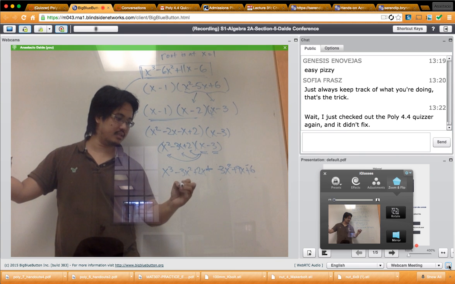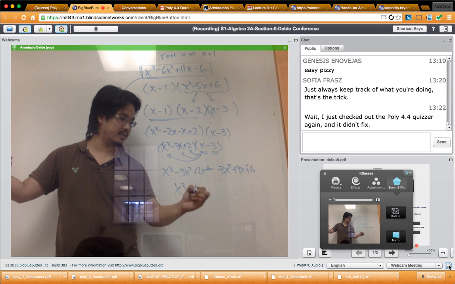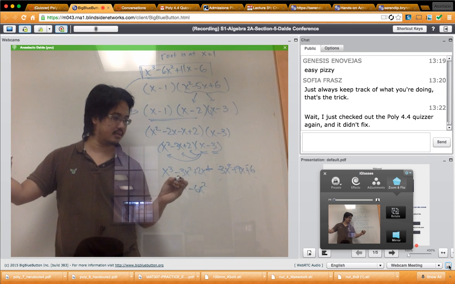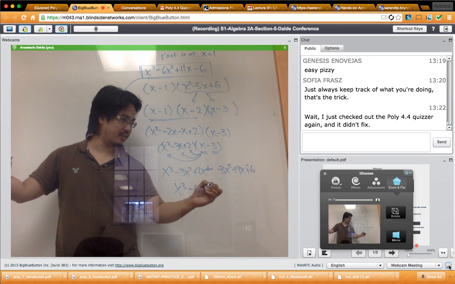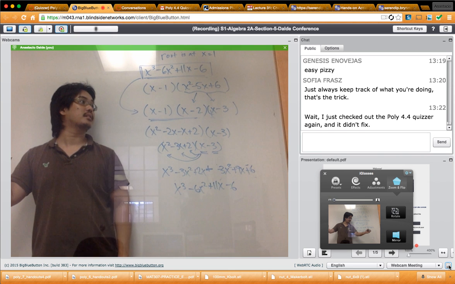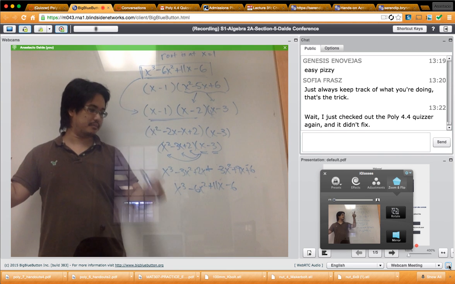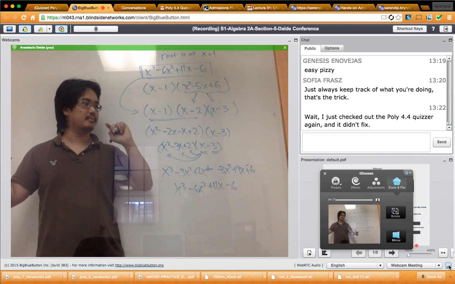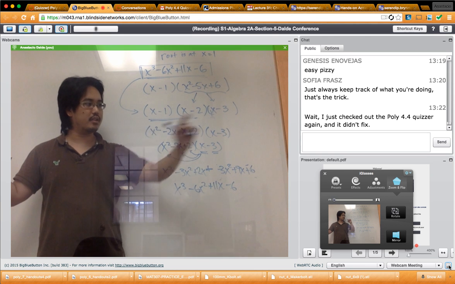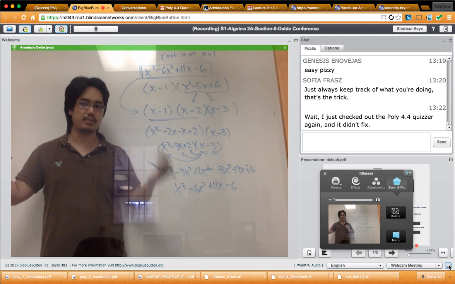So I've got x cubed minus 6x squared, because negative 3x squared minus 3x squared is negative 6x squared. And then I've got plus 11x minus 6. Is that the same? Yeah, it's the same. Awesome. So I factored it correctly. This is just me double checking my work.